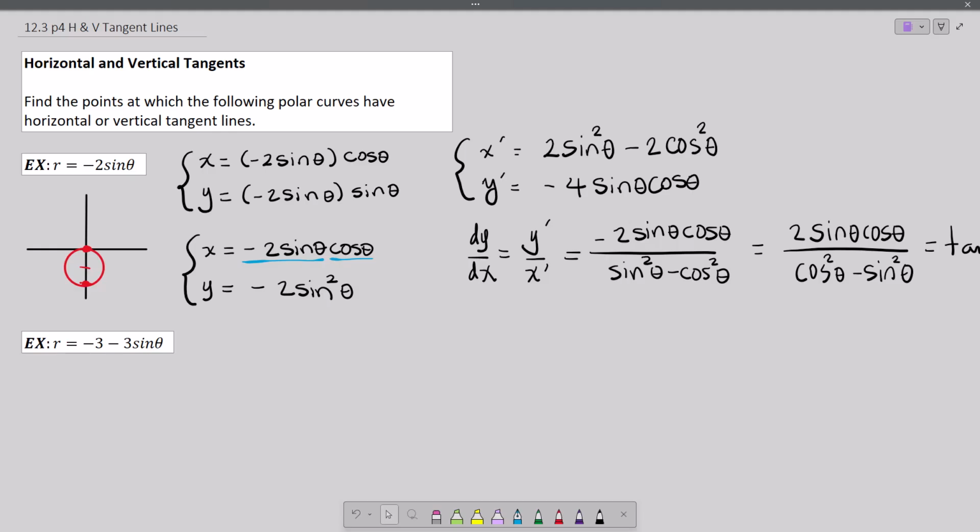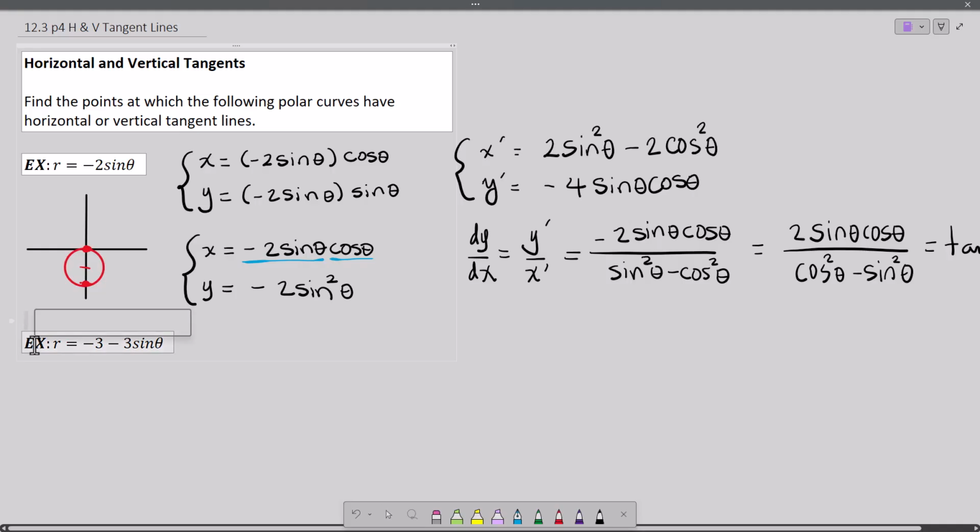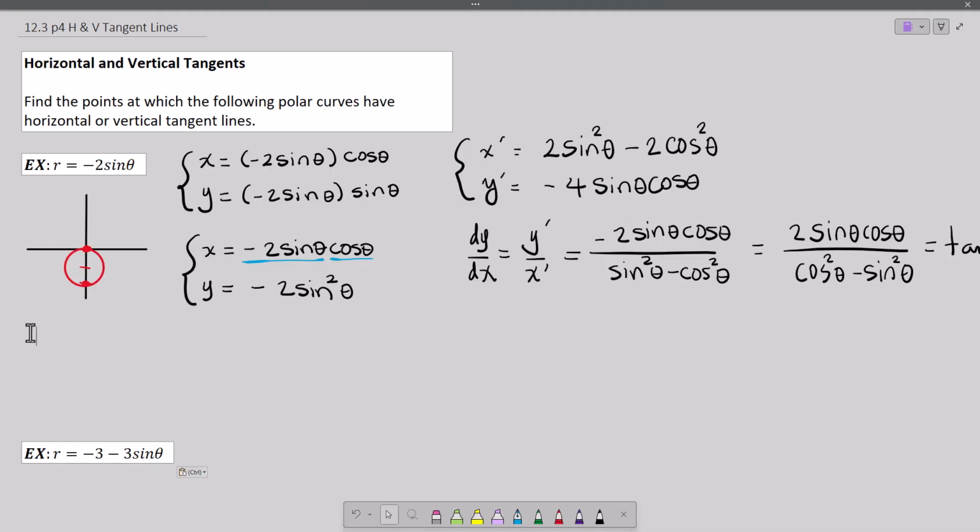Okay, so now the question said, find the vertical and horizontal tangents. So let's figure out when these are both 0.